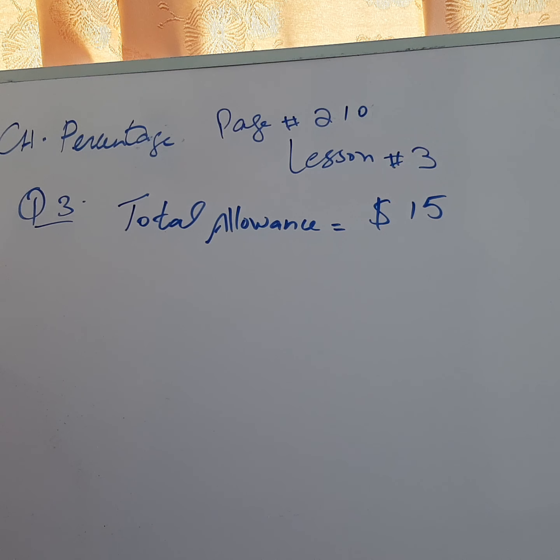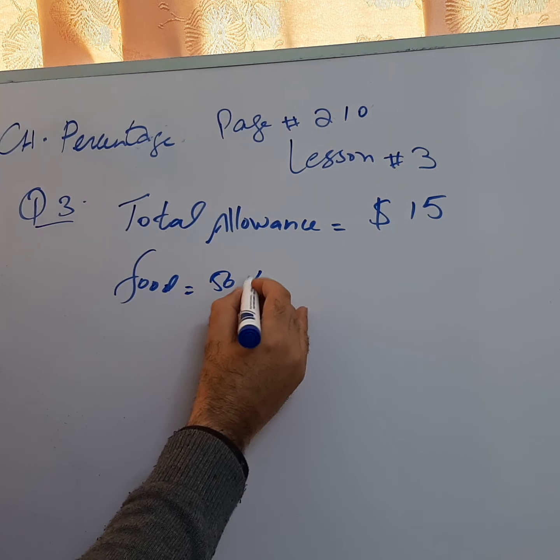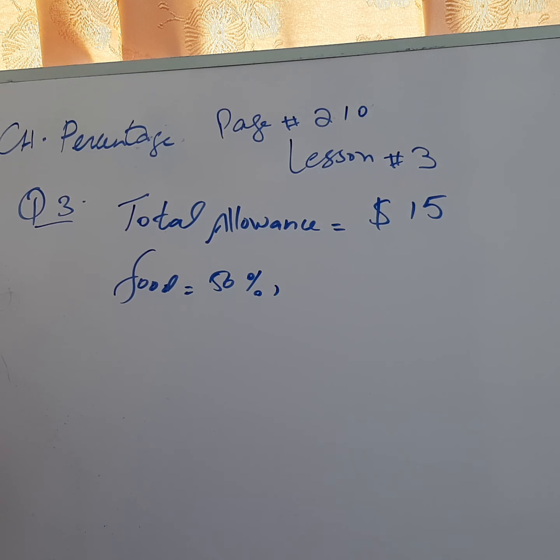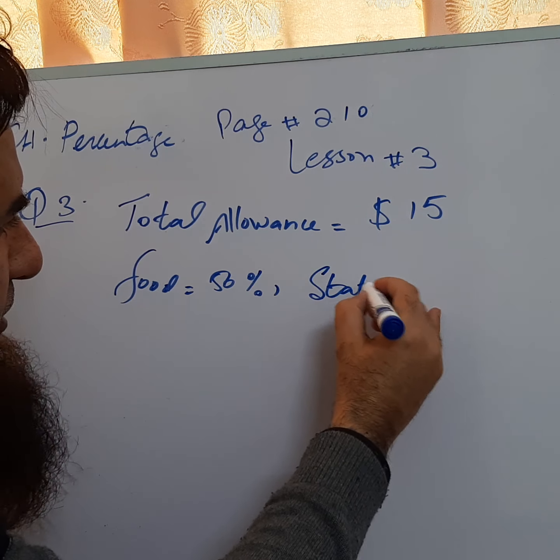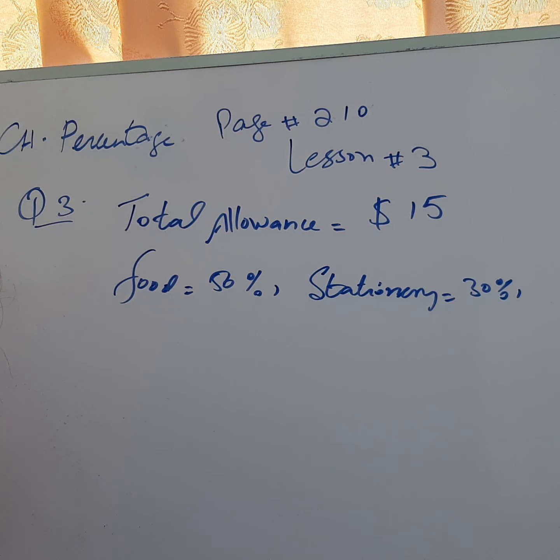Okay, she spent 50% on food. Food how much? 50%. 30% on stationery. Stationery items how much? 30%.